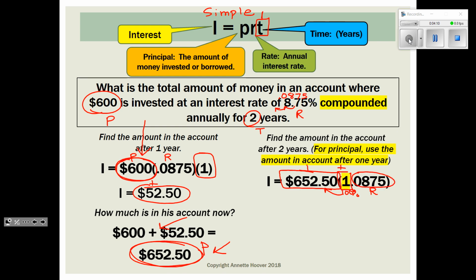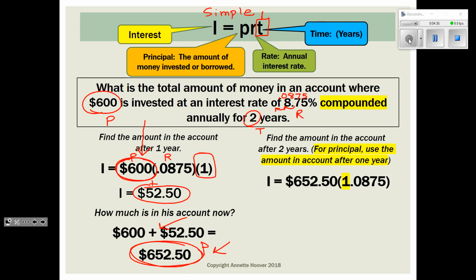So here's your principal, here's the amount of interest, and you can add them together. This is a way to add those together, but do it in one step. All I had to do, once I converted my rate into a decimal, which was right here, was put that 1 in front of the decimal, 1 and 875 ten-thousandths. That means 100% of the principal.